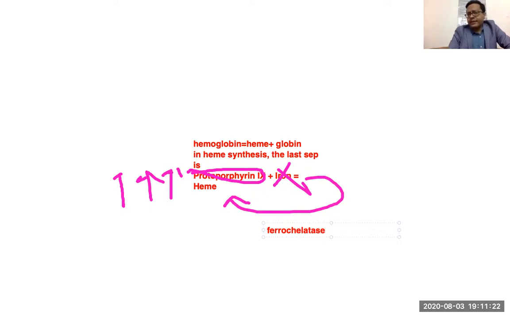And this ferrochelatase enzyme is again inhibited by lead. So when you have lead poisoning, this enzyme would be inhibited in the lead poisoning. And obviously that net result would be protoporphyrin level would also increase because protoporphyrin cannot bind with iron to form the heme. So these two conditions where we primarily get free erythrocyte protoporphyrin.